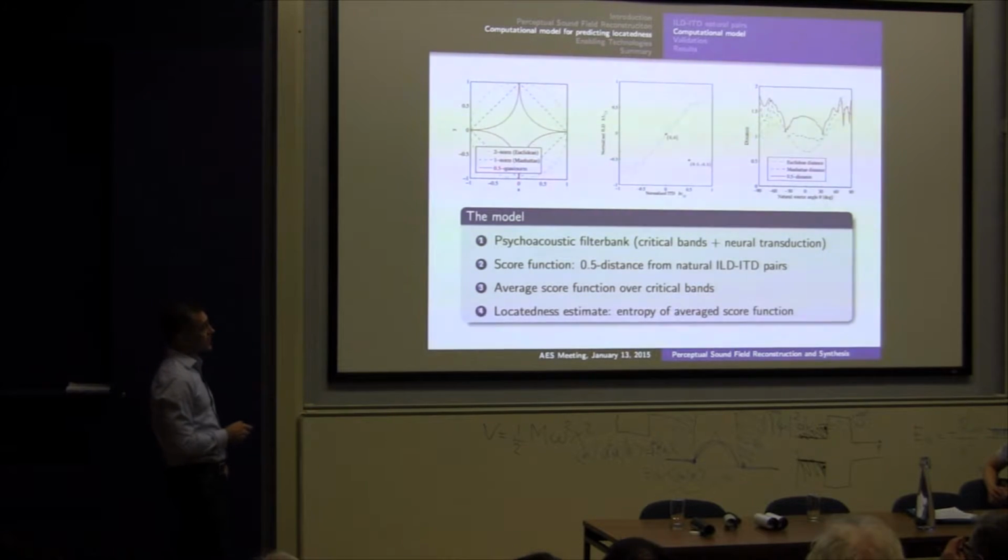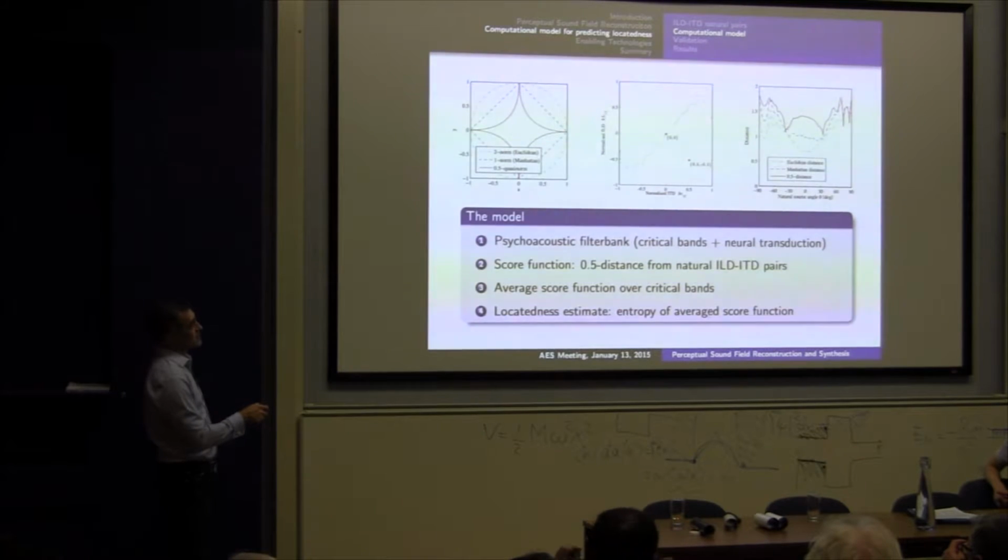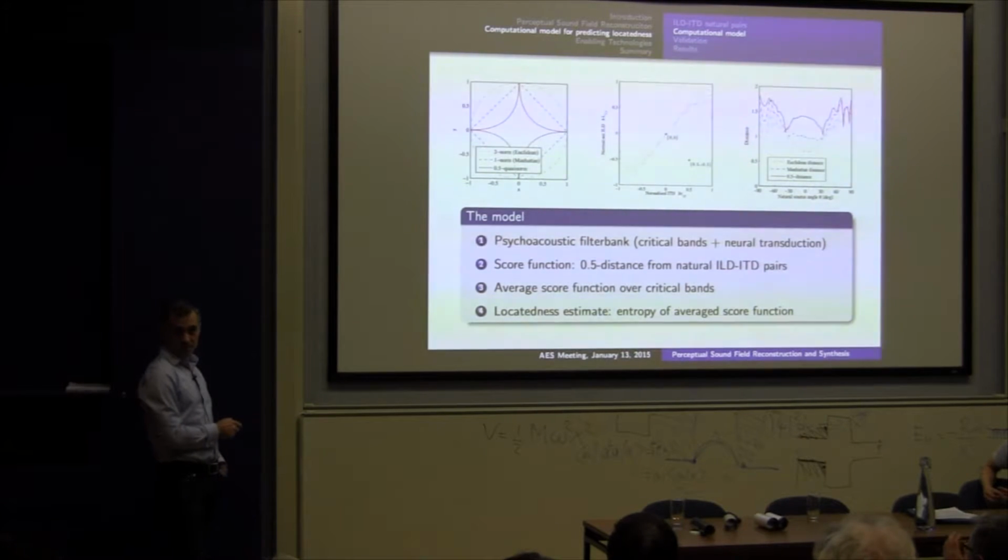In order to capture that, we are using a 0.2 quasi-norm, which is this kind of norm. All points along this figure are the same 0.5 distance from the center.